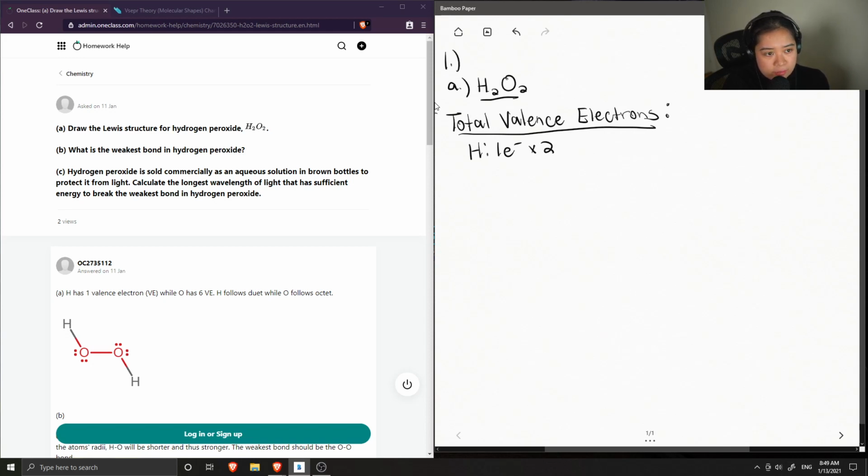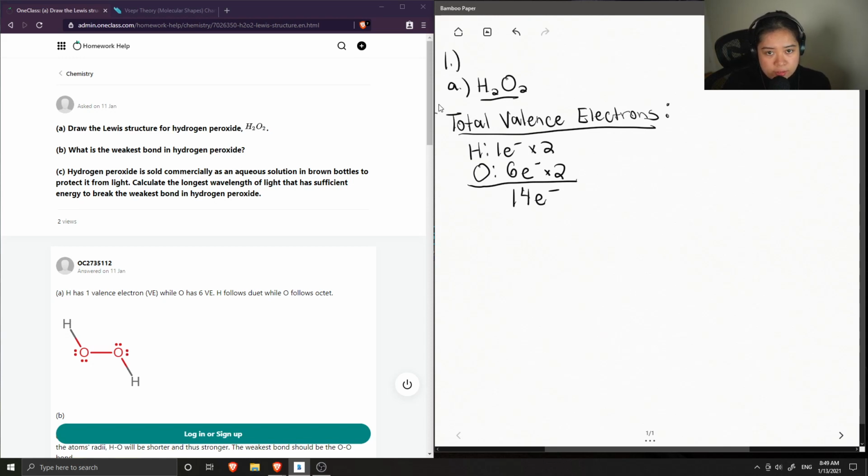In the case of oxygen, there are 6 valence electrons, and we also have 2 oxygen atoms, so we would just multiply this by 2 as well. So 12 plus 2 is 14. So we have 14 valence electrons.